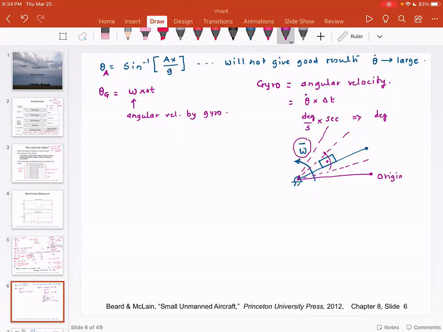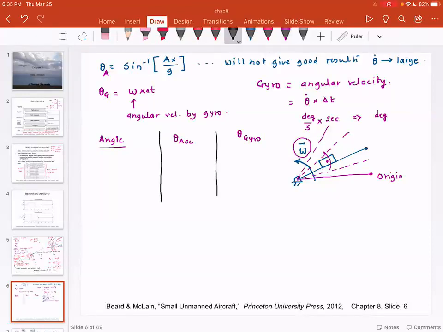So I have two values of angle: the angle predicted by the accelerometer and the angle predicted by the gyroscope. Here is what is happening.